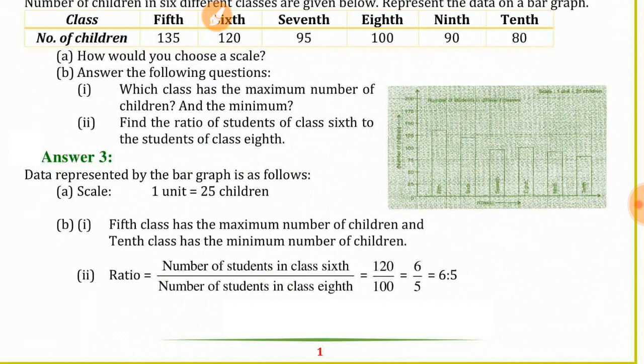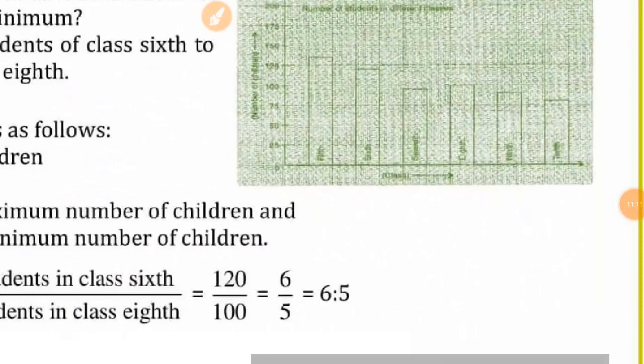Okay. So I want to show the graph, how it is, a little bit. Okay. Yes. So fifth is here. It is 25, 50, 75, 100, 120, 125 it is, I think.